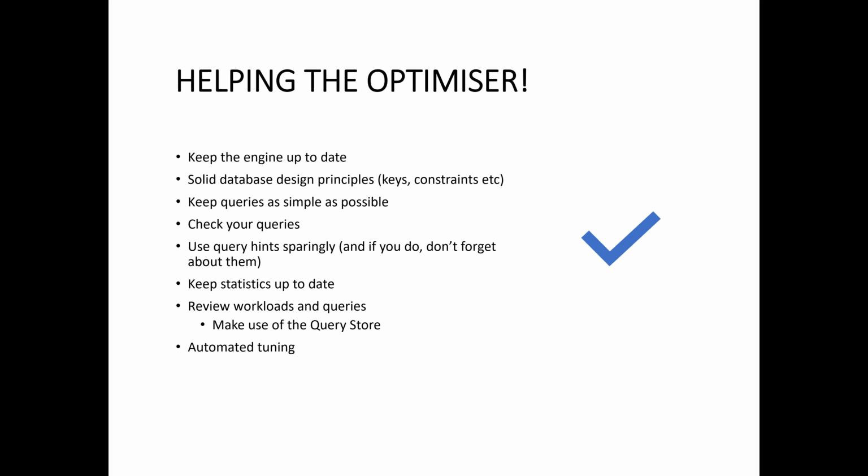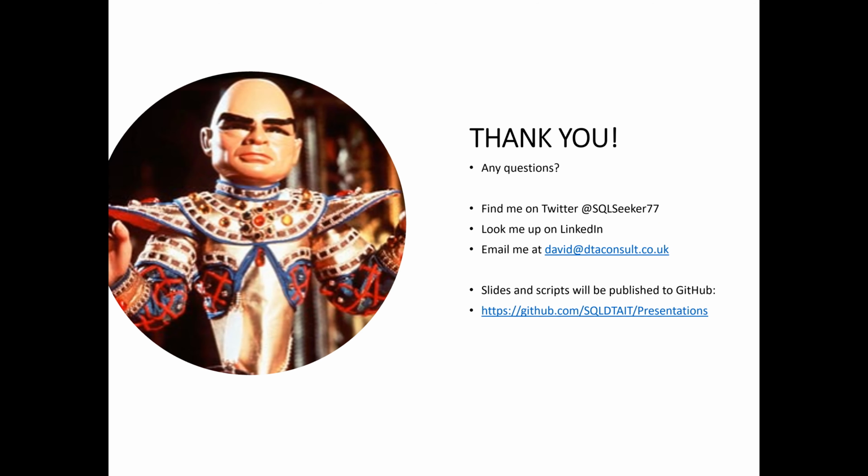And again, because data changes, query changes, don't forget about your hints. Keep statistics up to date. I know we haven't covered them in this course, but that's a general piece of advice. Review workloads and queries, and that means make use of the Query Store. And of course, we are moving into an age of automated tuning, so definitely take advantage of those features.